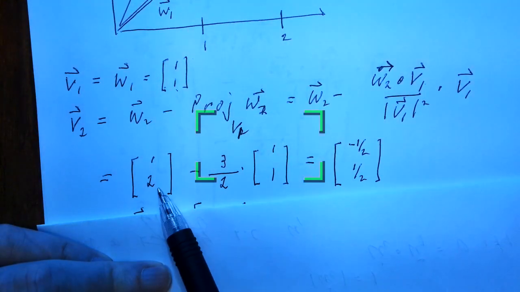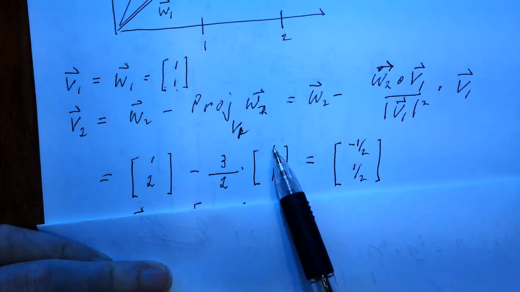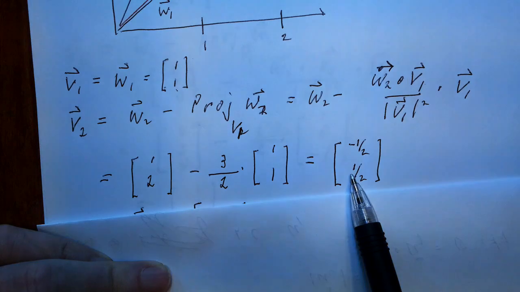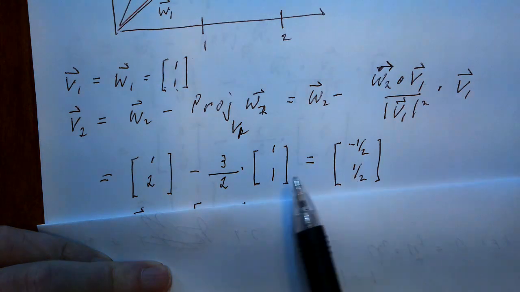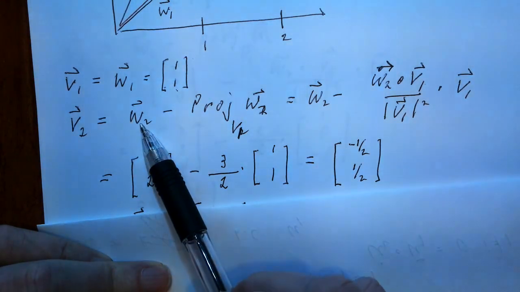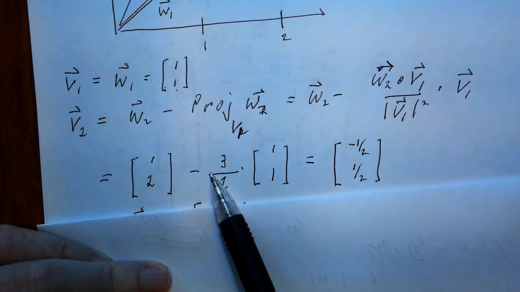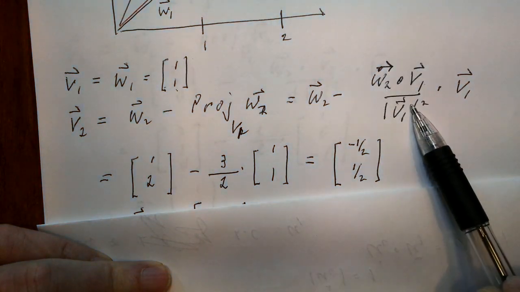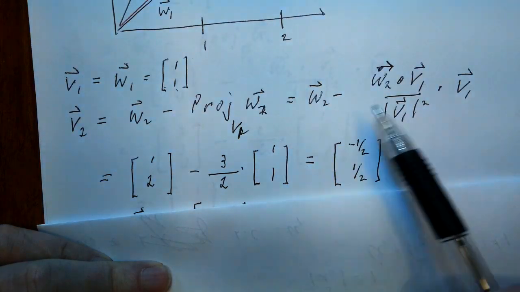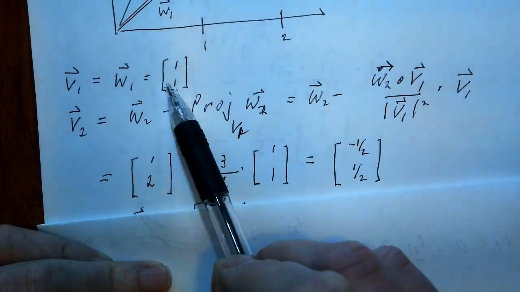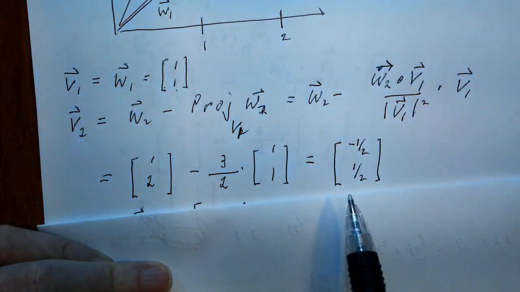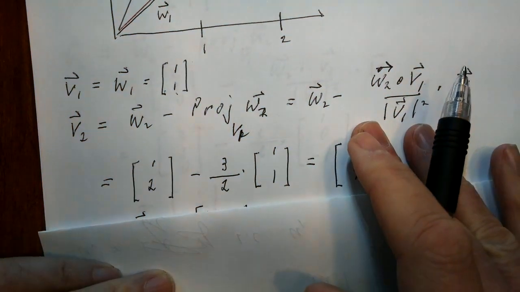So V2 would be (1, 2) minus 3/2 times the vector V1, which is (1, 1), and if we simplify that, we get (-1/2, 1/2). This scalar right here is this scalar simplified, and then we have the vector V1, which is the same as W1.